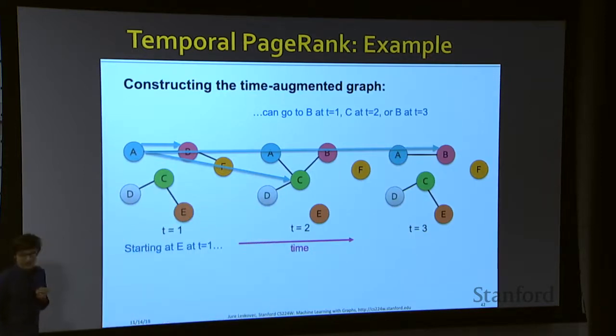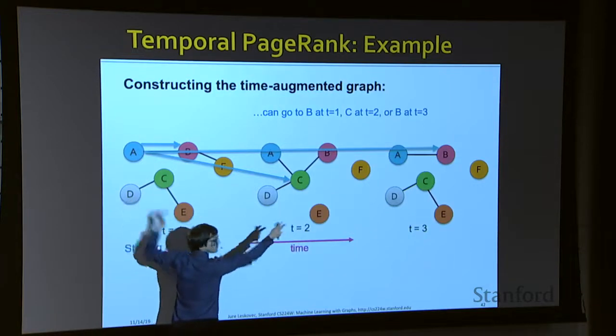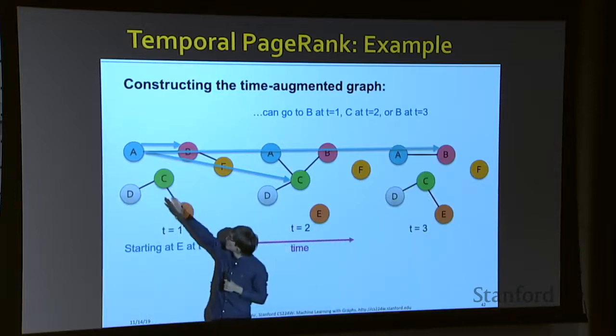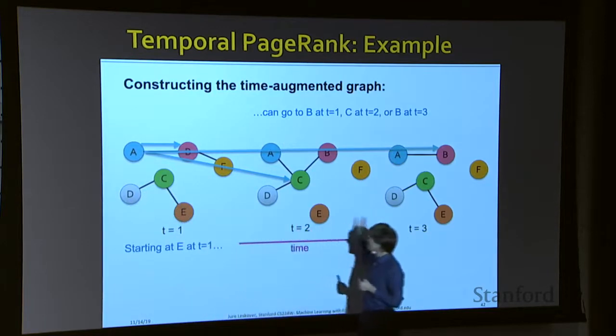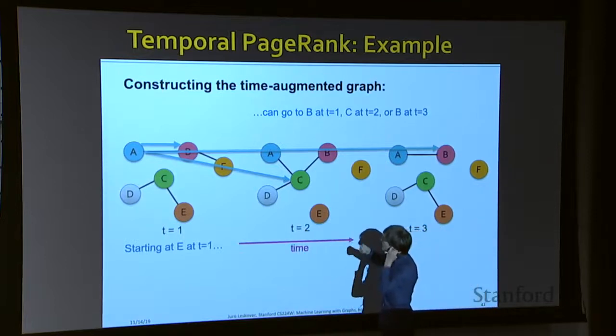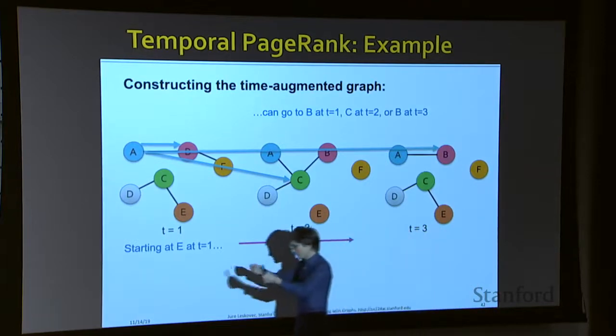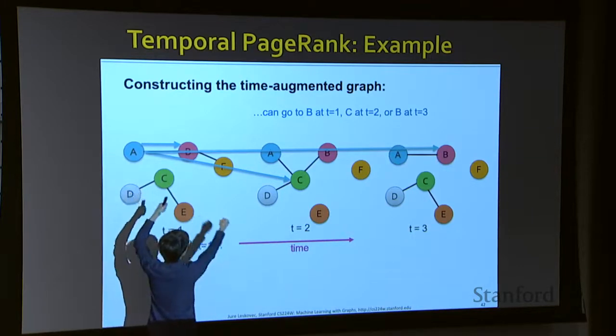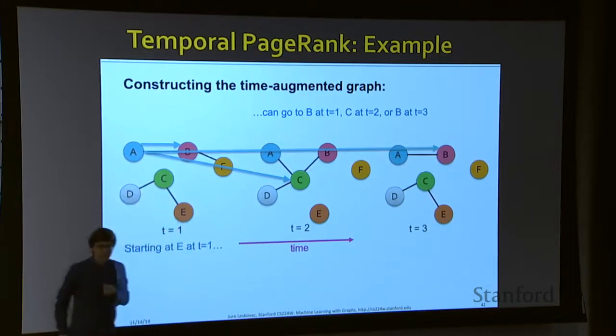Is this clear? People see what I do, right? So essentially now this will be my full network, right? So I will have every node replicated as many times as there are time steps, and then an edge that survives on a given interval will basically mean that nodes on those intervals link to each other.